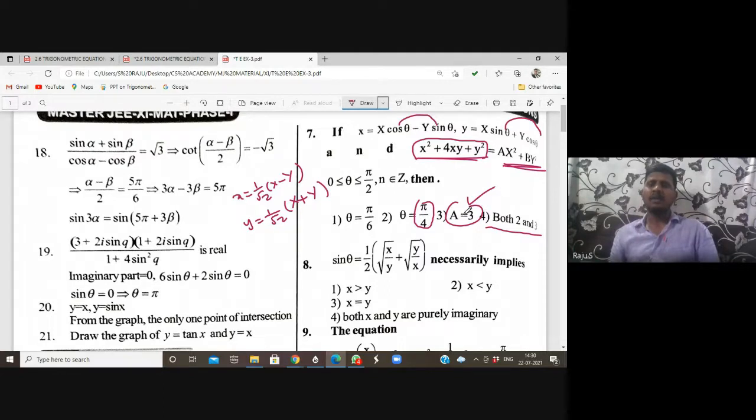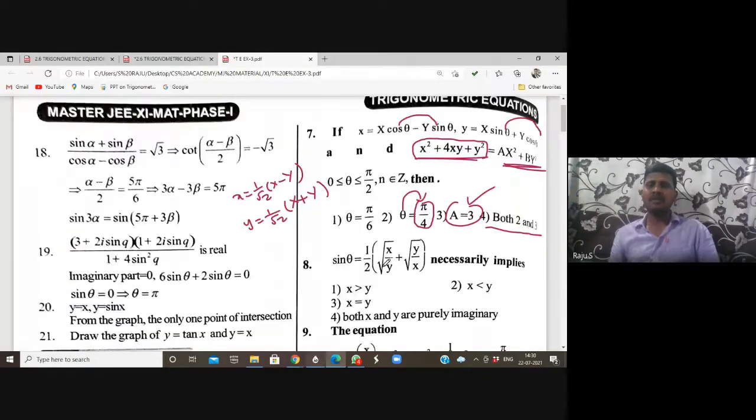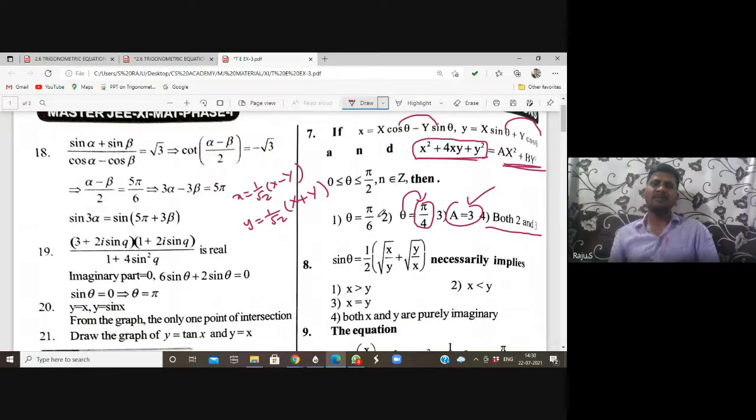Okay. When third option becomes right, when I take theta is equal to pi by 4 alone, we are getting a is equal to 3. Am I right? If I take theta is equal to other than this pi by 4, any like pi by 6, easier we are going to get a is equal to 3. No. Because why I am taking the second option directly instead of first option means fourth option is they given both second and third.